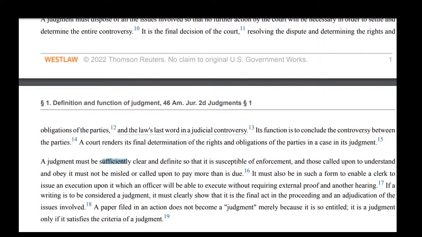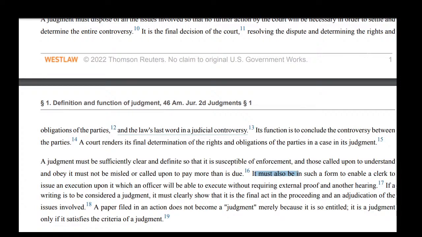So the judgment must be clear and definite, and so it's susceptible of enforcement. So I guess that means that it's clear and defined enough that enforcement is readily applied when needed, and those called upon to understand and obey it must not be misled or called upon to pay more than is due. So we don't want to see an abuse of judgment.